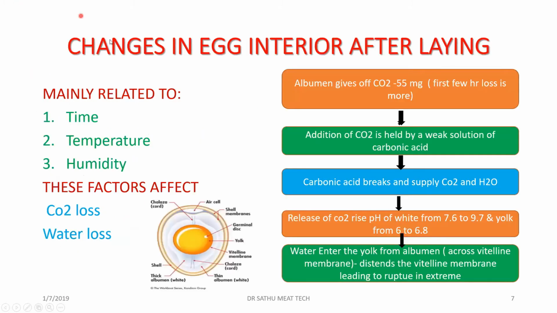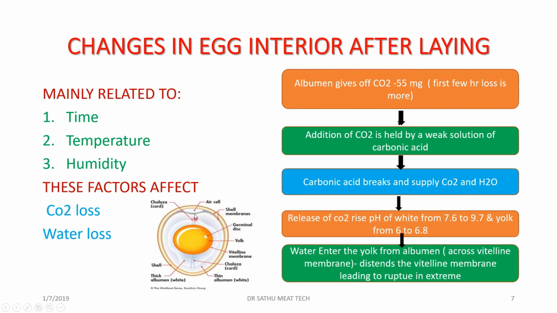So let's understand the changes in the egg interior quality after the egg is laid. Once the egg is laid, there is a loss of carbon dioxide from the albumin through the pores. We know that there are 10 to 20 pores not covered by the cuticle, and the carbon dioxide that is inside the egg, approximately 55 milligrams in a very fresh egg, will be lost through these pores.